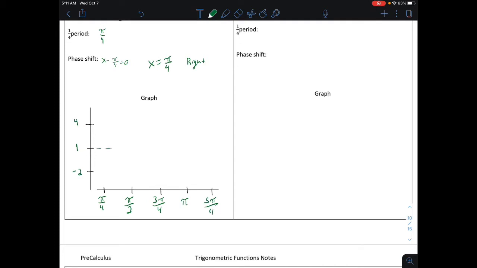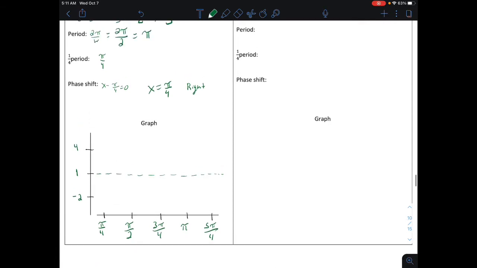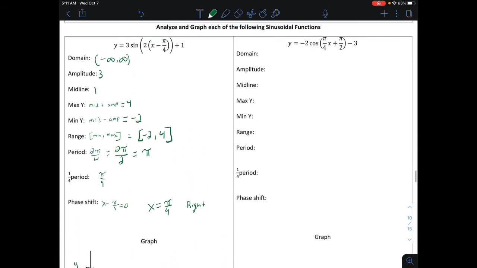Now when I graph, I like to take my midline and make a little dashed line here. So that way it's helpful for us to sketch and to kind of see where everything goes. Now the first point that we place on our graph, sine, starts at a midline. So the first point of sine goes on its midline. Now it's also positive.